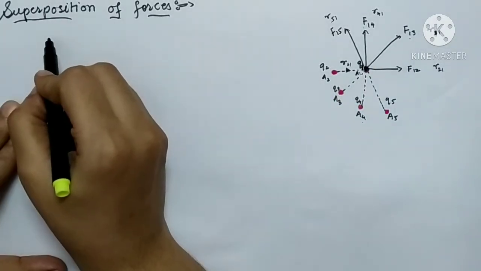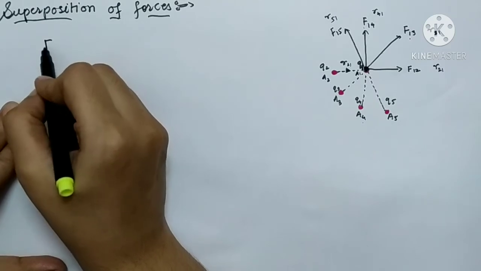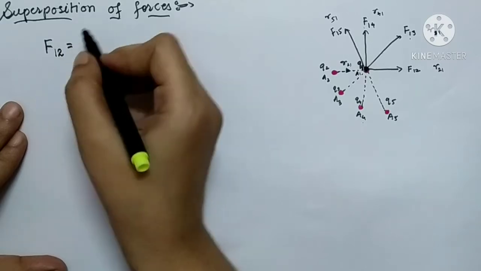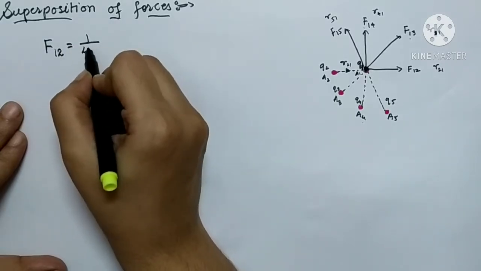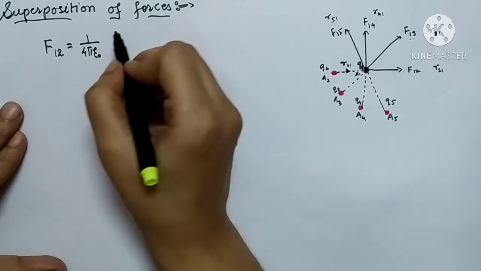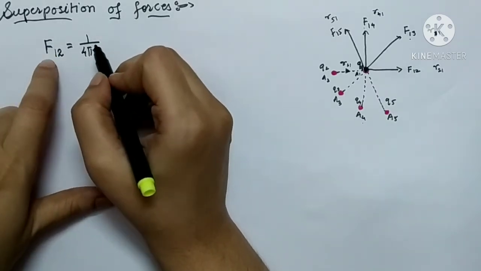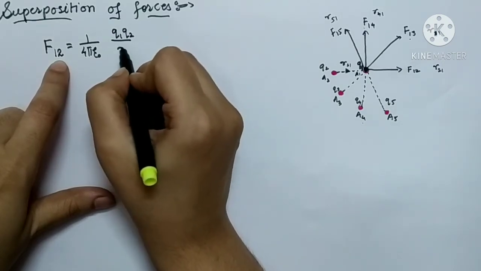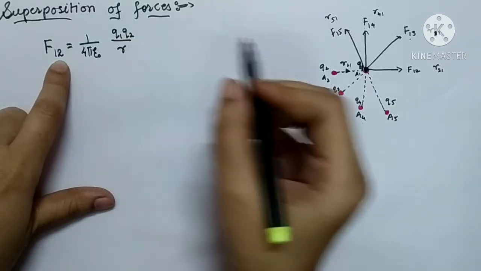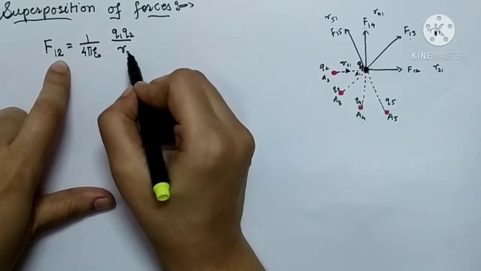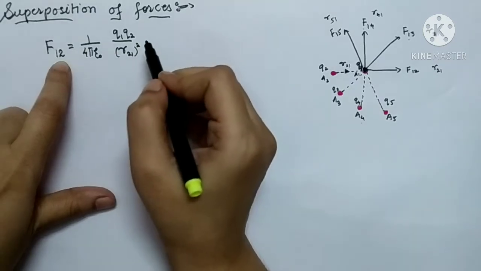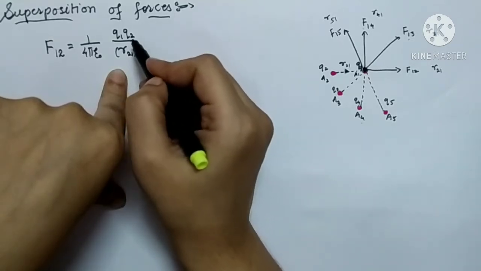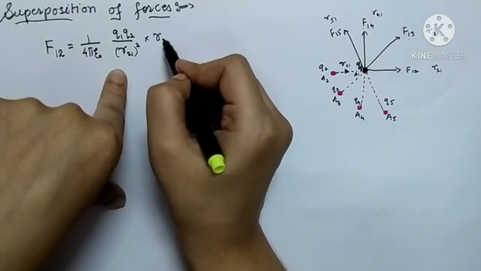As per Coulomb's law, the force experienced by the charge Q1 exerted by the charge Q2 is 1 upon 4 pi epsilon 0, times Q1 into Q2 upon R, the distance R21 squared, because the distance is always scalar, into the direction.